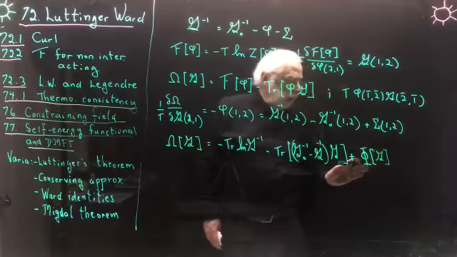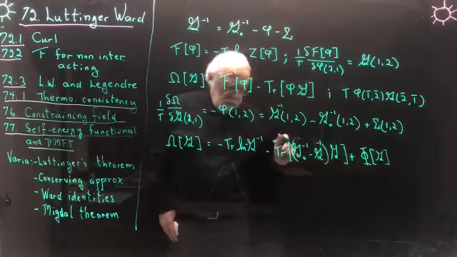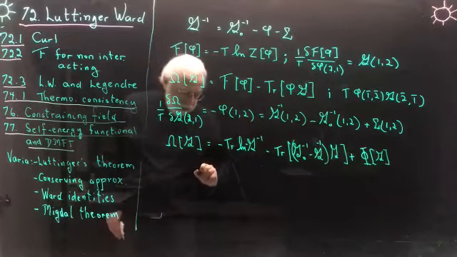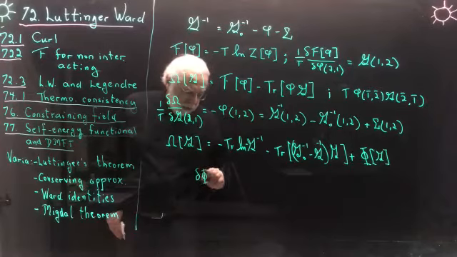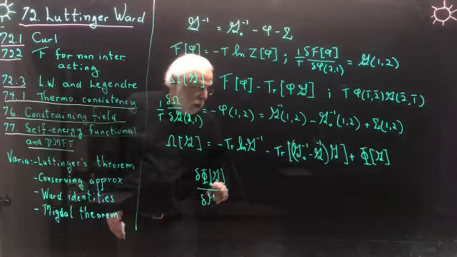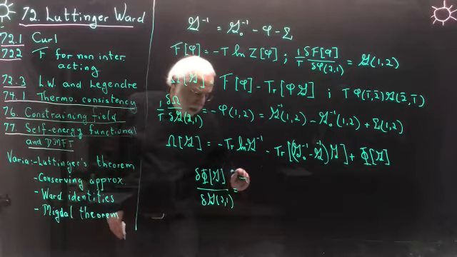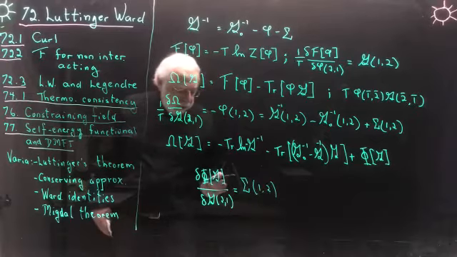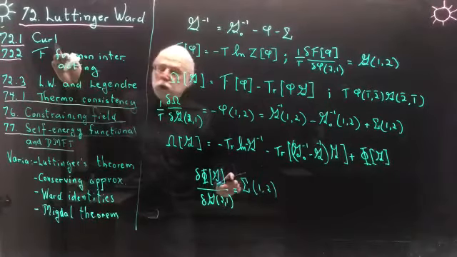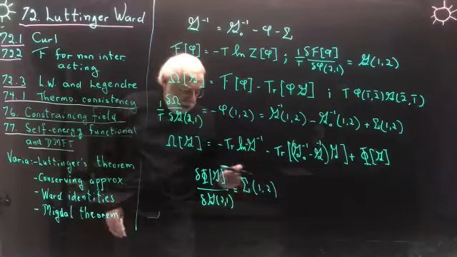But this phi of G is just such that, you see, if I functionally differentiate phi of G with respect to G 2, 1, it will give me sigma 1, 2. So to show that this functional exists, I need to show a curl property of sigma.